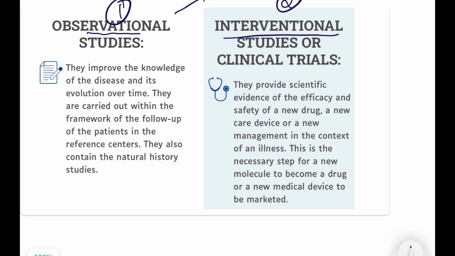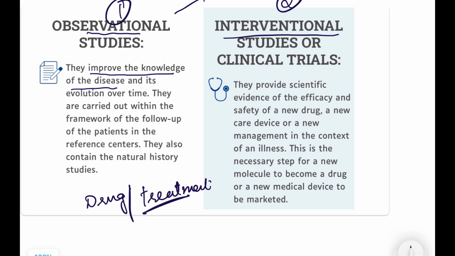In an observational study, you are not giving any new drug or treatment to a patient. You are simply trying to understand the disease. Its main goal is to improve the knowledge of the disease over time, how the disease is causing harm within the body and how it is spreading.